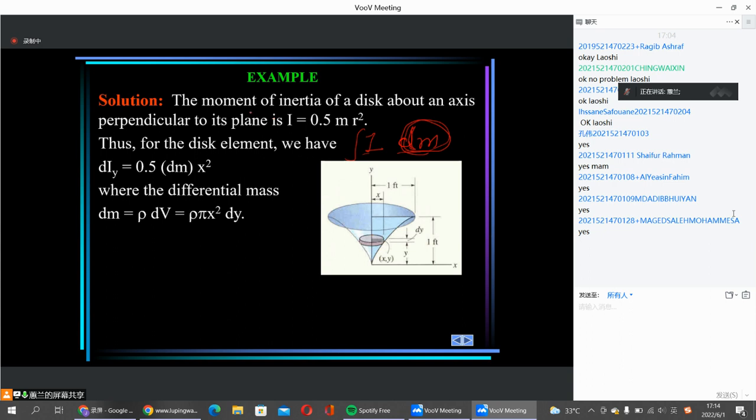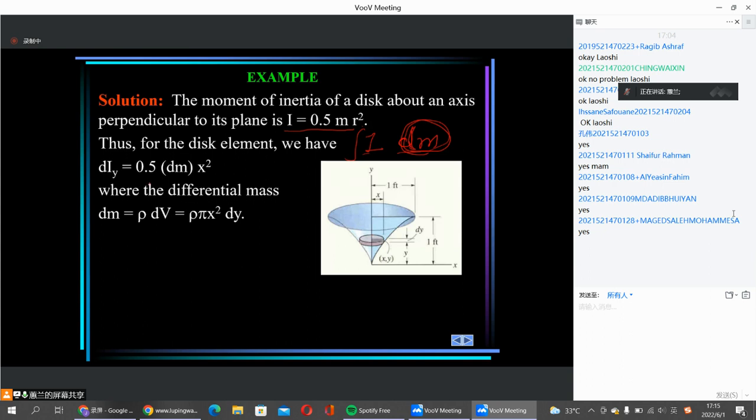Because for the disk element, we know that the mass moment of inertia of this disk about the y-axis is equal to 0.5 m r squared.